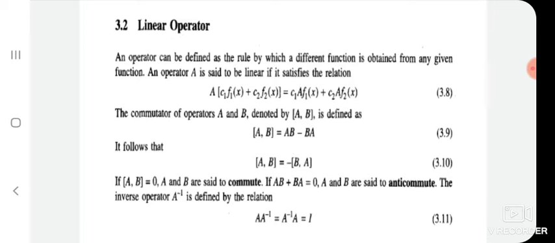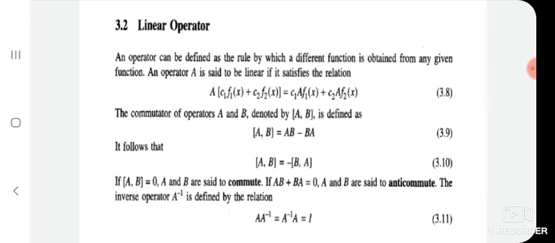If the commutator of operators A and B is equal to 0, it means the operators A and B are said to commute. If AB plus BA is equal to 0, it means operators A and B anti-commute. If AB minus BA is equal to 0, it is said to commute, or if AB plus BA is equal to 0, it is said to anti-commute.